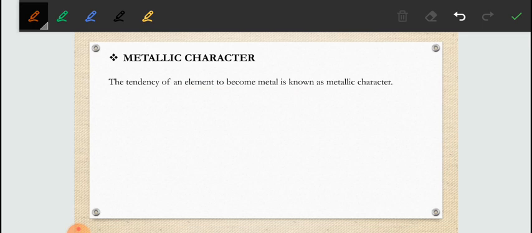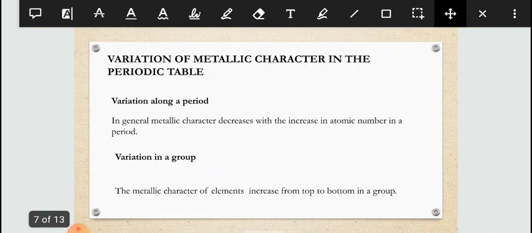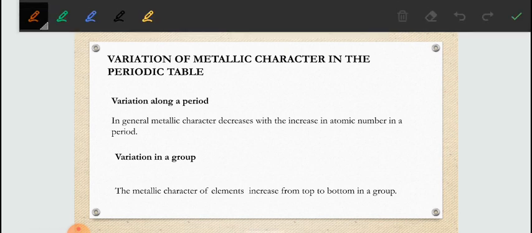Okay, so we now have to talk about the variation of the properties along the period and in a group. When we are moving across the period, nuclear charge is increasing. If nuclear charge increases, then we are in need of a greater amount of energy.